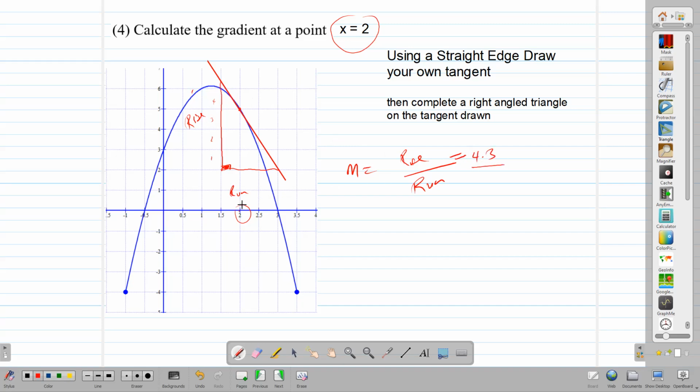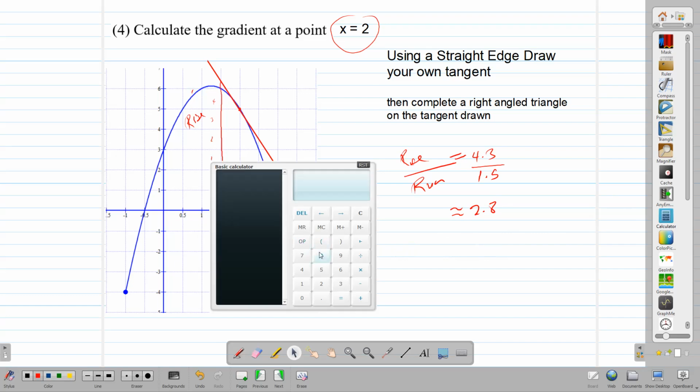And our run is, each of these is half a centimeter. So half, 1.5. So 1.5. And once we do our calculation, this almost ends up being 3. It looks like 2.8, 2.9. I'm going to estimate it at 2.8. You could actually use your calculator and divide it out.